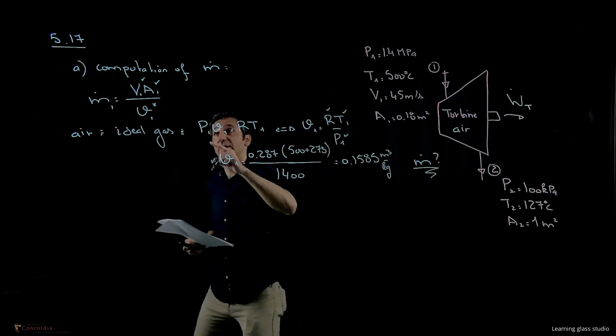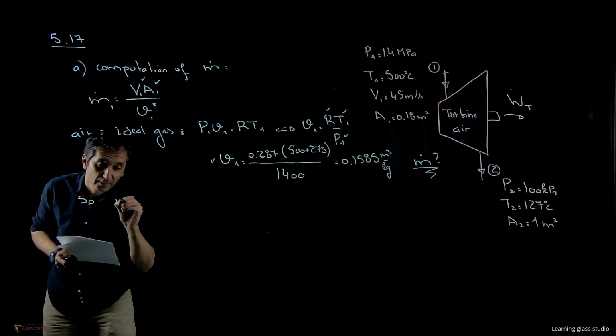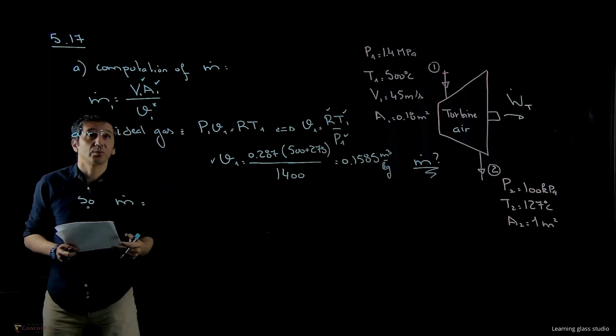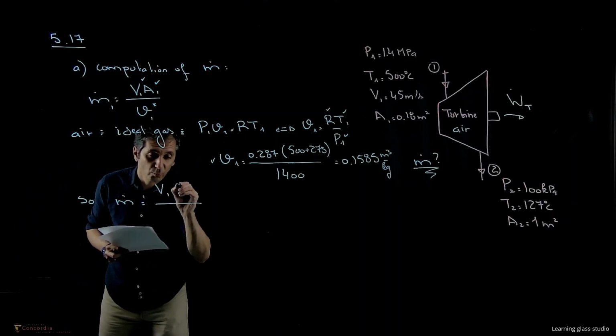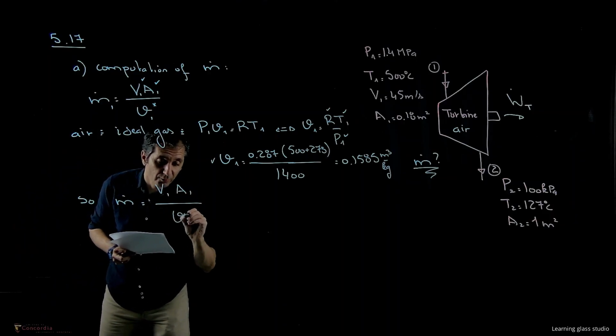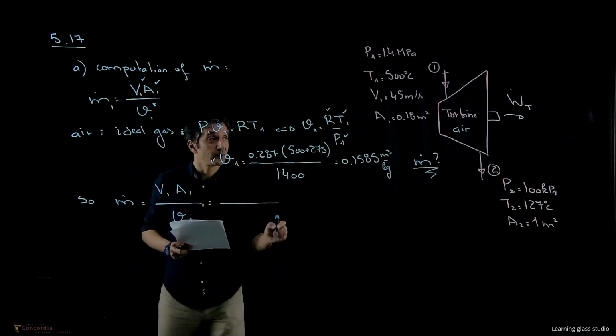So this is done. We have v1 that we can replace now here, okay? So m dot is equal to what? Is equal to V1 A1 over specific volume 1. And this is equal to what?